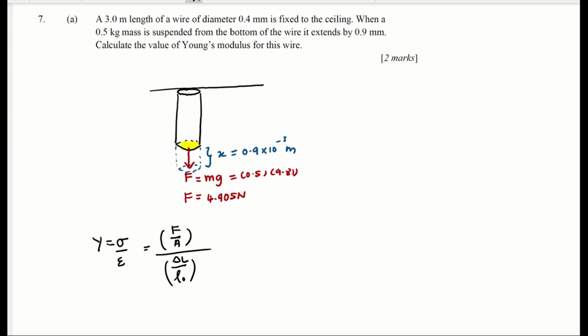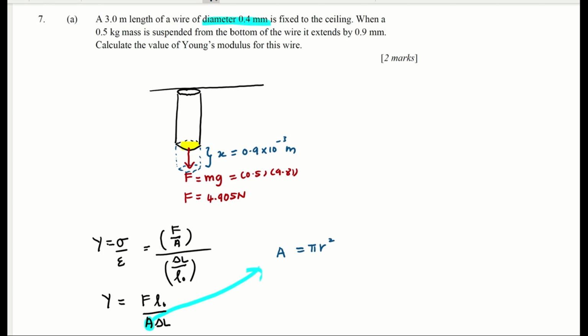Kalau kita susun semula, kita akan dapat Young modulus is equal to F L naught over A times delta L. Jadi saya nak tekankan dekat sini untuk kira cross-sectional area, sebab soalan bagi diameter of the wire is 0.4 millimeter. Cross-sectional area is pi r squared.